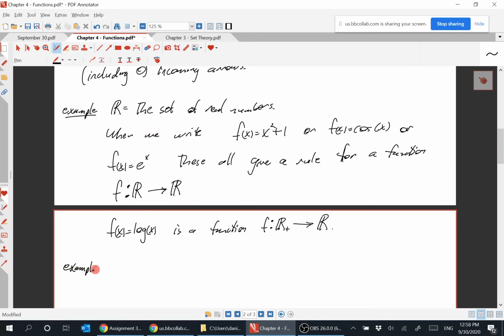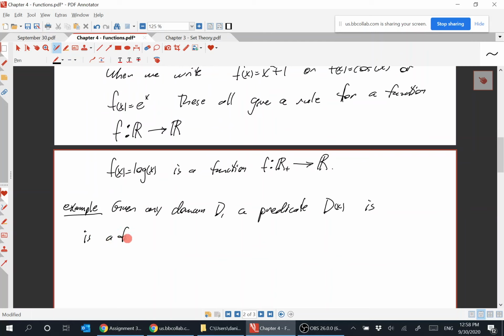What about these? Given any domain D, a predicate p of x is a function p from the domain to what? What's the range? When you have a predicate, you plug in a domain element and what do you get?